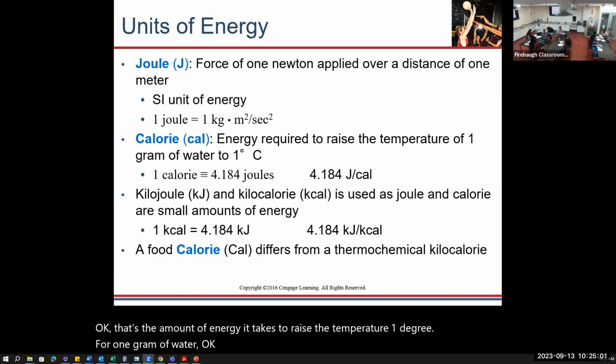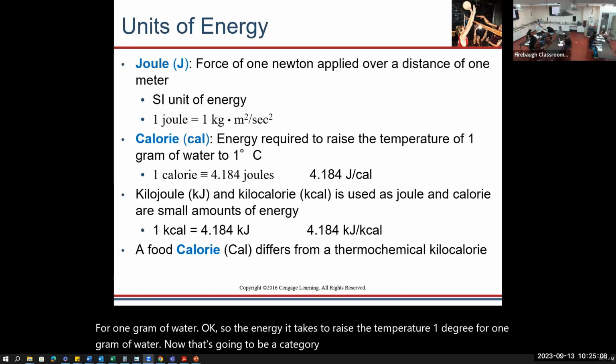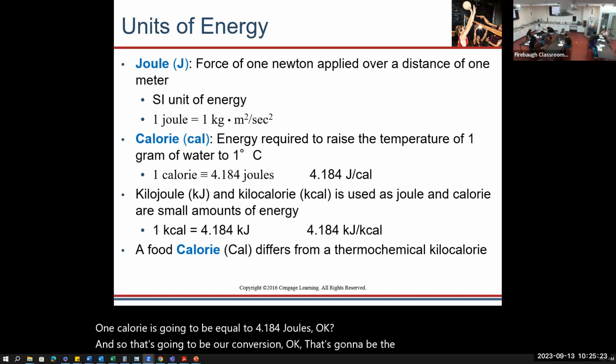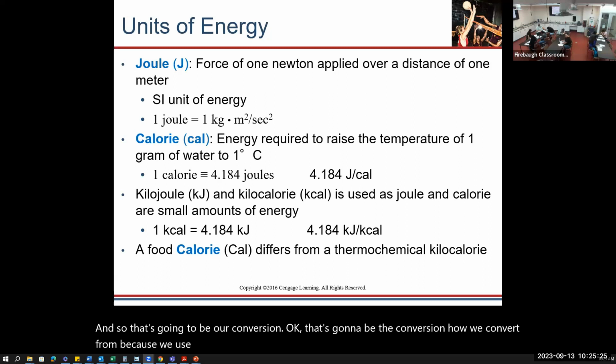Now, that's going to be a calorie. One calorie is going to be equal to 4.184 joules. And so that's going to be our conversion, how we convert, because we use joules for SI units, that's the one that we use in science. Calorie is what we use in the US.